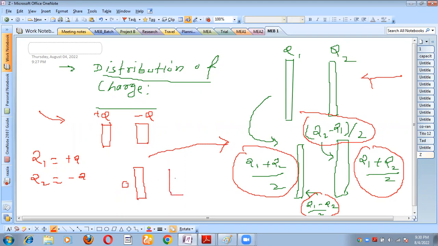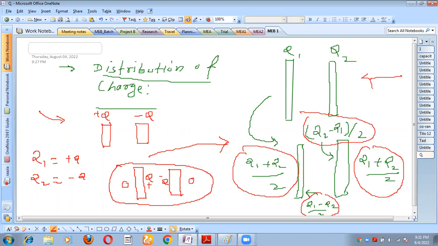So on the outer surface, there will be no charge. And on the inner surface, we get plus Q and minus Q. So in a capacitor combination, charge on the outer surfaces is 0, and in between the plates, it is plus Q and minus Q.